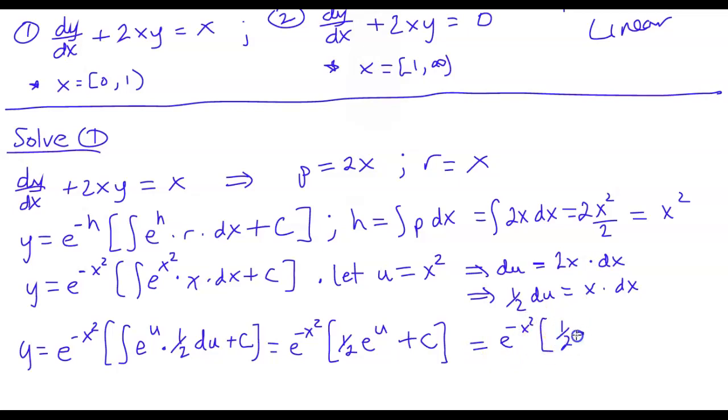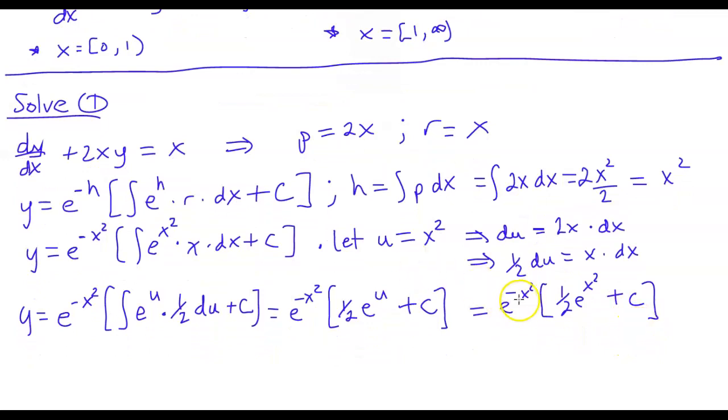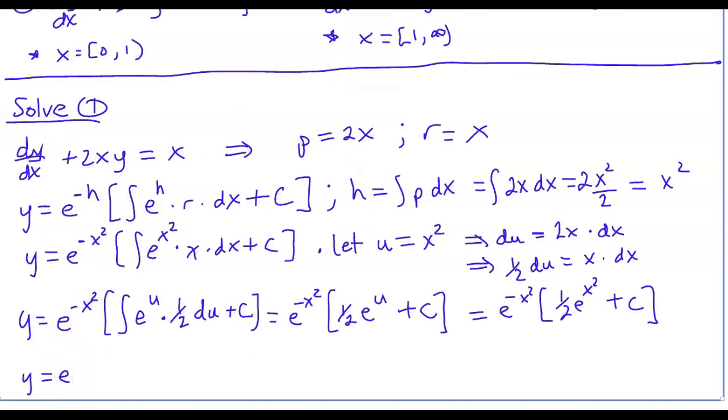And u, of course, is just x squared. So what this tells us, after we multiply through the e raised to the negative x squared here, that y for this situation would just be, for that first term, 1/2 all by itself here.